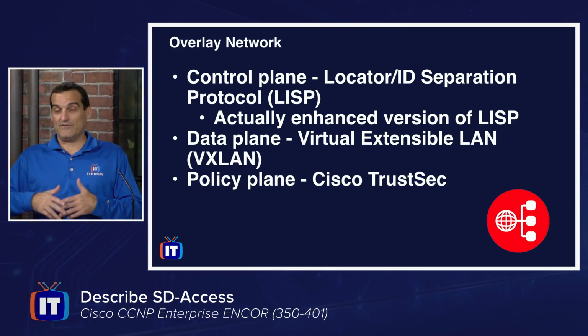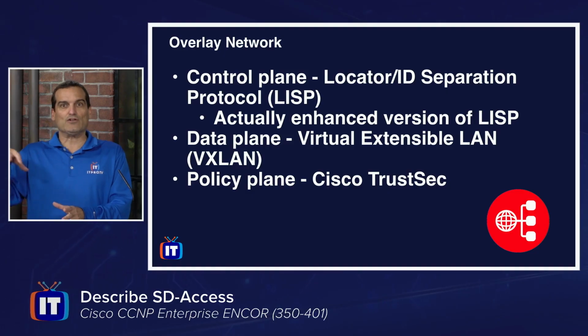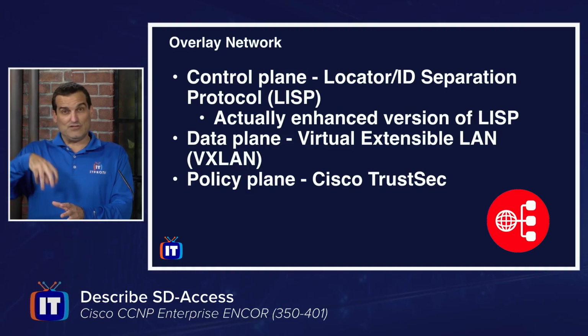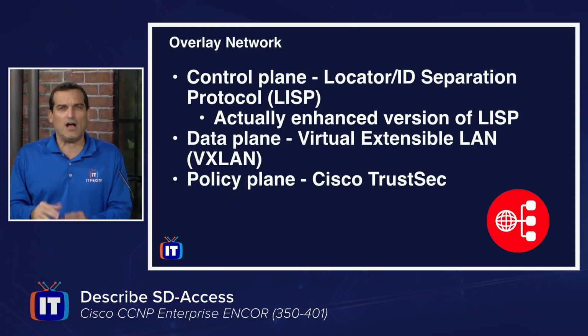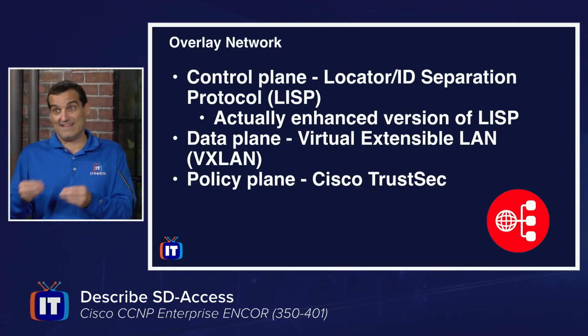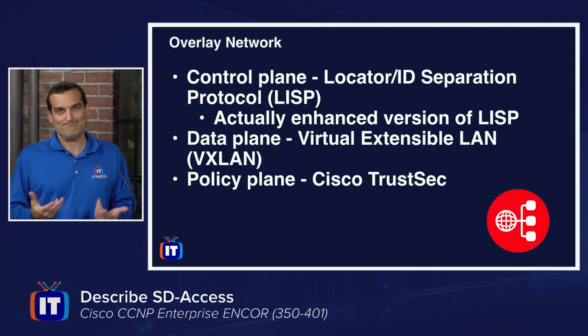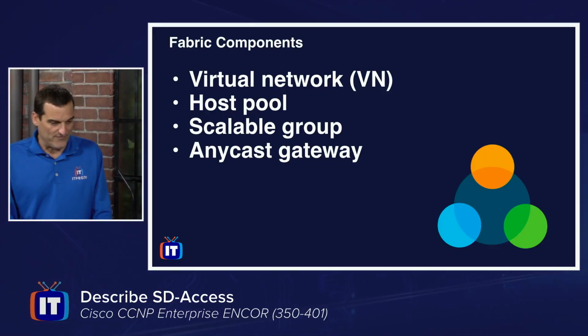We can have 16 million of the things, and you'll see where we are going to take advantage of VXLAN to eliminate a ton of disadvantages about the traditional VLAN and spanning tree approach. So you're going to really love those technologies, and we'll elaborate on them for you.